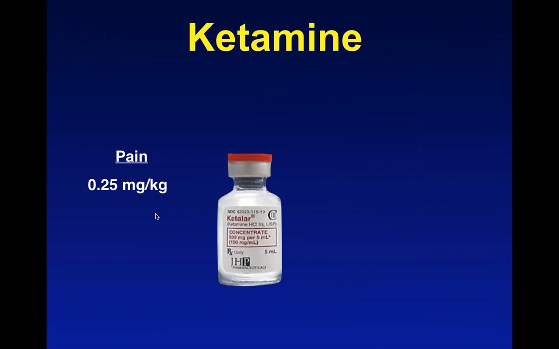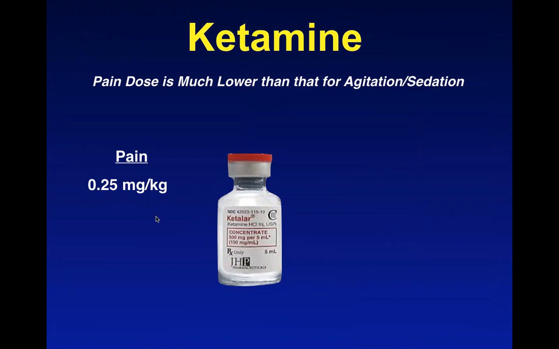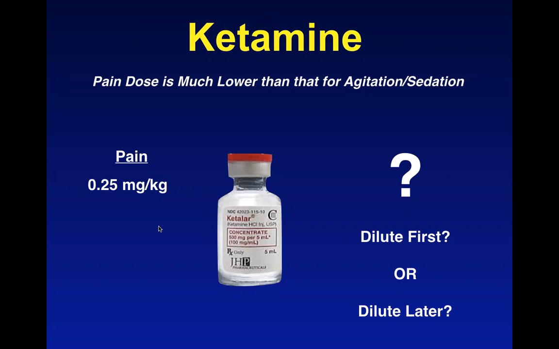Let's talk about the pain dose of ketamine, 0.25 milligrams per kilogram, which is a lot lower. My question to you is, when would you dilute this? I don't have the right answer here, and I'll show you a little video that I made before coming on today. Question A: do you dilute first, meaning do you tell your paramedic, here's 100 milligrams per ml, and there's 5 mLs of this, I want you to convert it first into 10 ml, and then recalculate what the volume would be, and then give that volume, which is what a pharmacist would do?